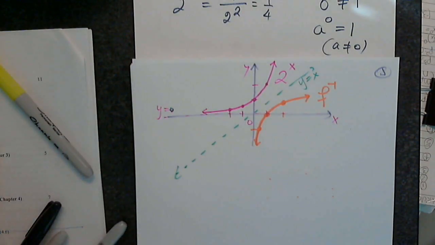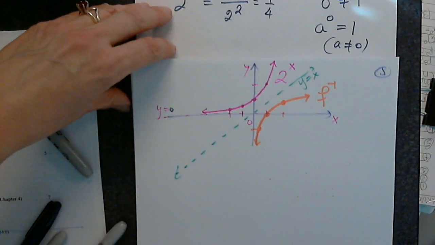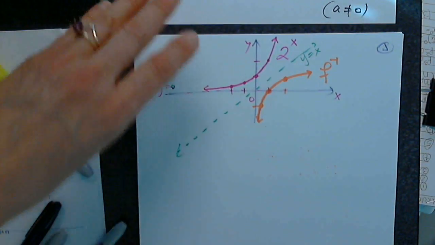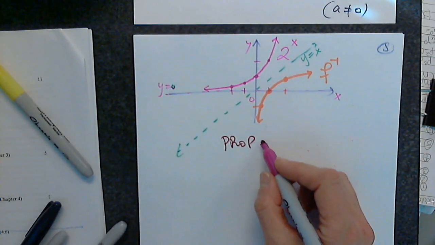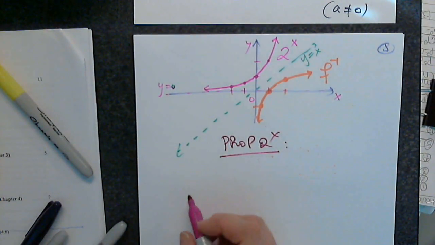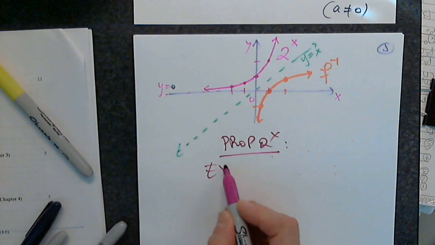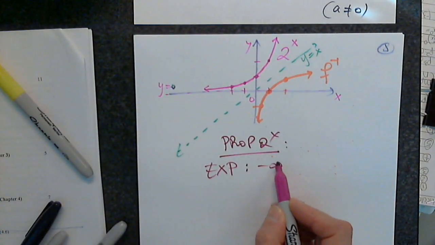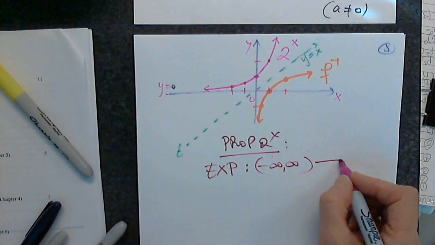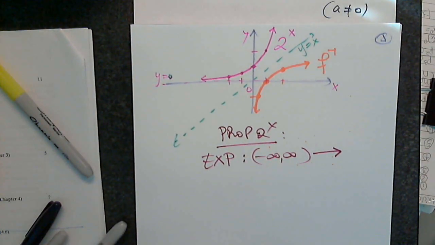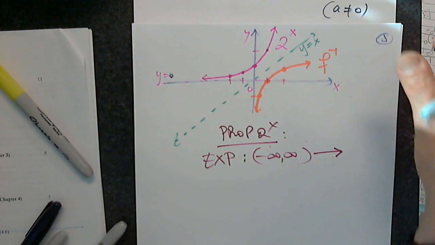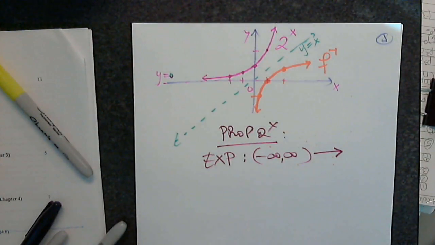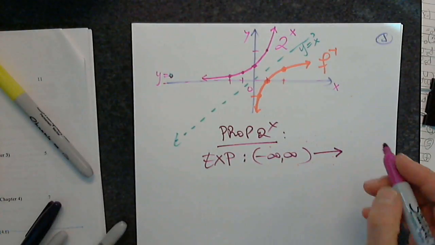Okay, now let's go back because I said it quickly. So let's write the properties of the exponential function with a base greater than 1. Okay, properties for 2 to the x. I'm going to say the exponential function is defined on all real numbers, and its range is zero to infinity, open parentheses.